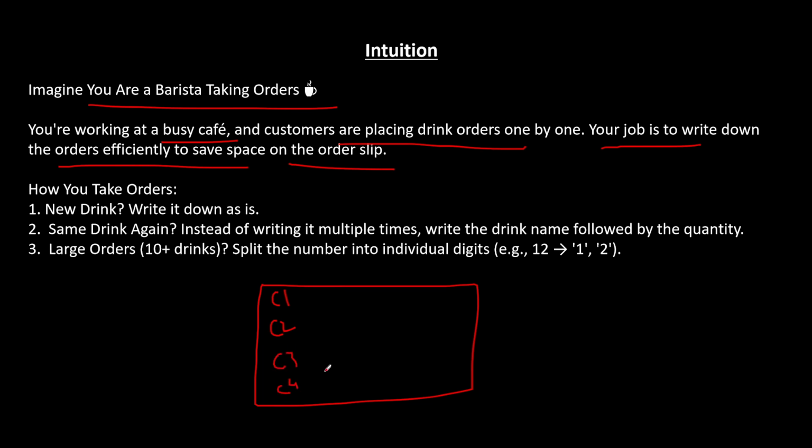So in the cafe, the barista goes to customer 1 and takes the order of coffee one time. Then again, one person at the same table asks for the same coffee. So instead of writing the same coffee separately, what he does is he removes one from here and makes it two.